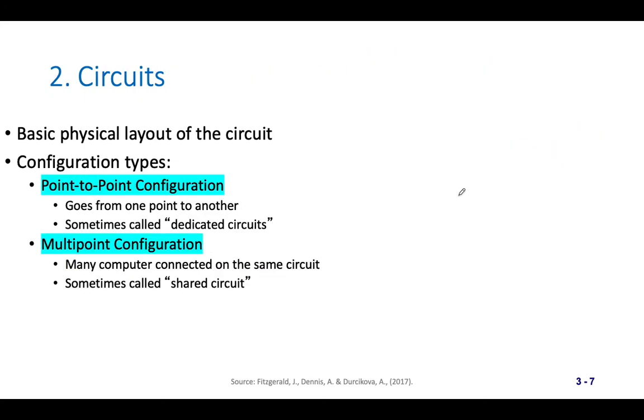let's go over how to configure the circuits. I mentioned to you last time the point-to-point, where you have device 1 and you want to link to device 2, device 3.